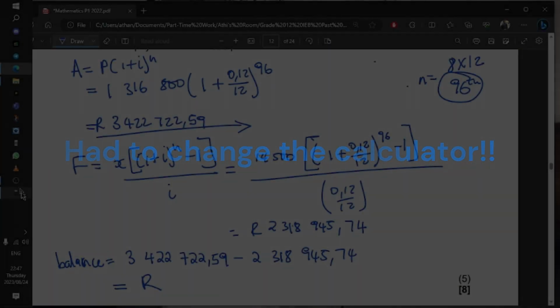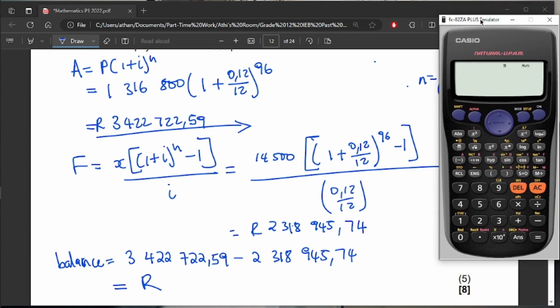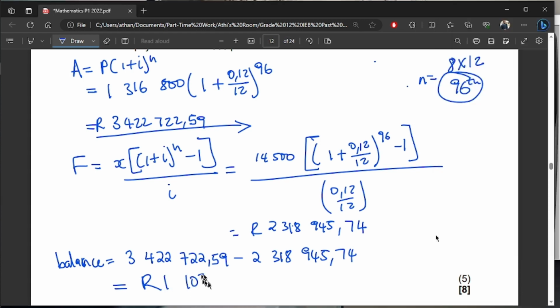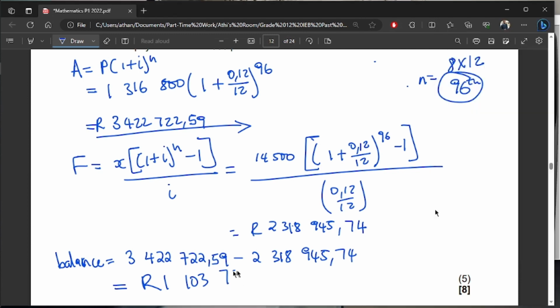Okay, guys, sorry about that. Now let's continue. I said it's 3,422,722.59 minus 2,318,945.74. So this is the balance amount. It's 1,103,776.85.